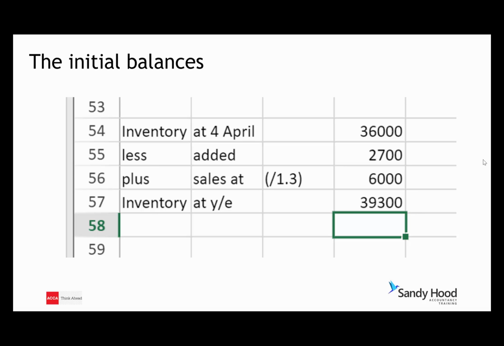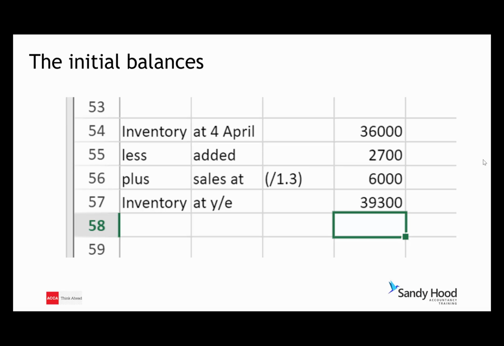And we need to take off those items that we acquired through that delivery of 2,700. The value there of 6,000 is the 7,800 divided by 1.3 to bring it down to its cost value.